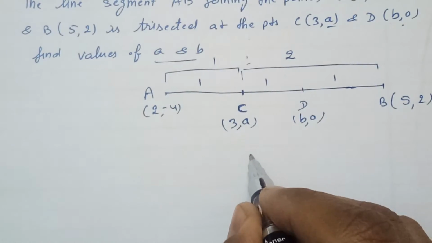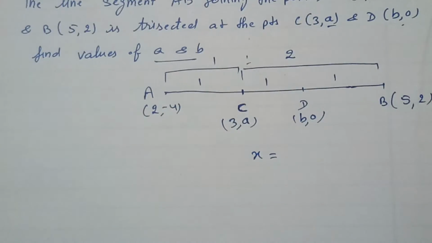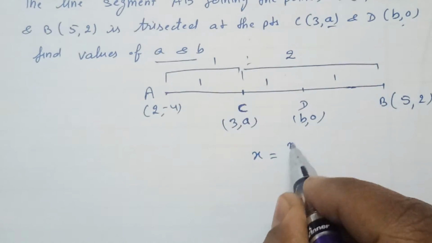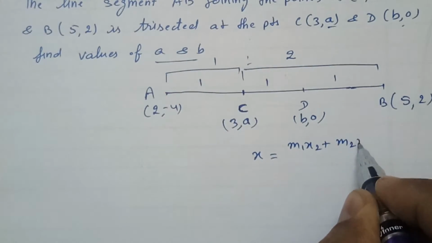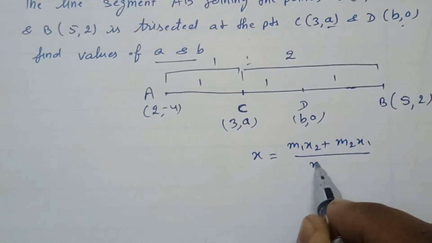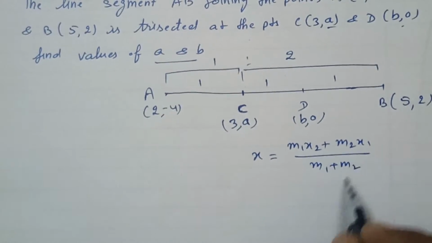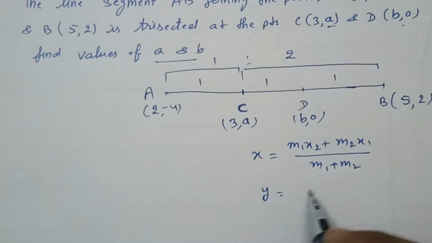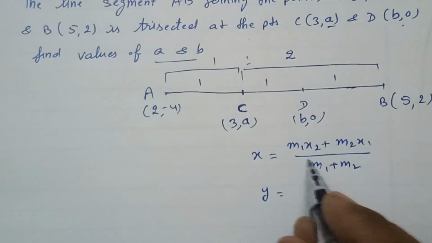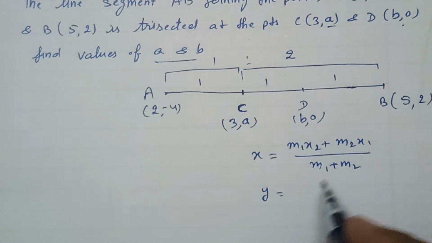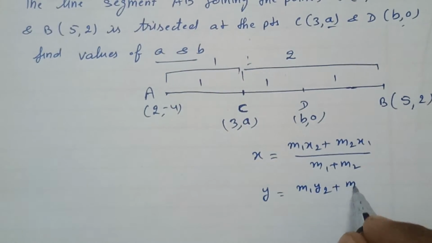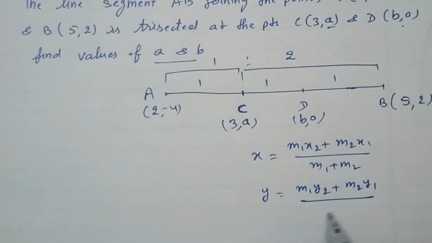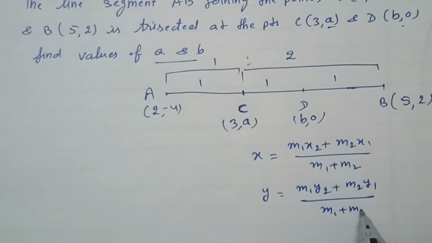The formula for the x coordinate is (m1x2 + m2x1) over (m1 + m2), and to find the y coordinate, we only replace x1, x2 by y1, y2: (m1y2 + m2y1) over (m1 + m2).